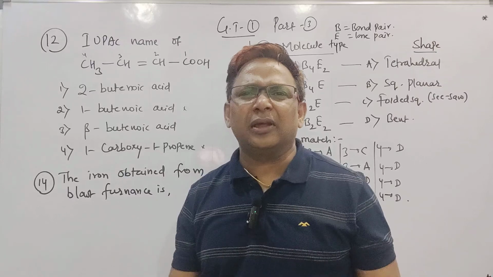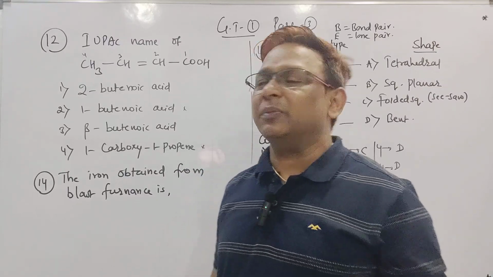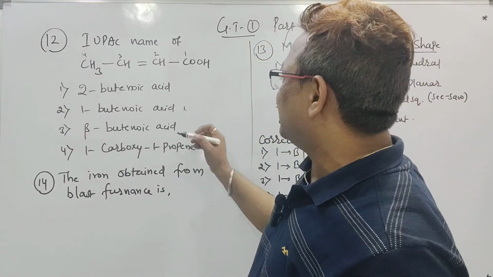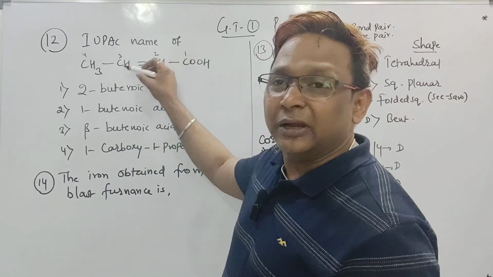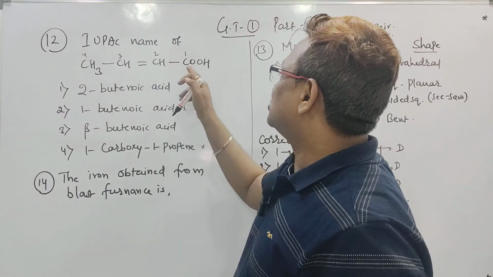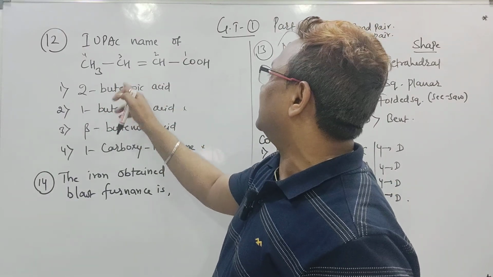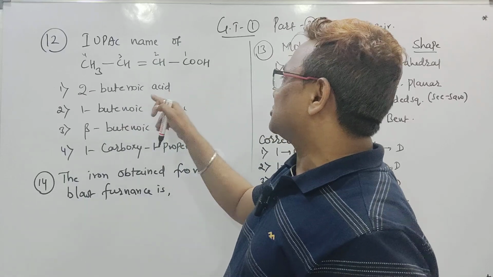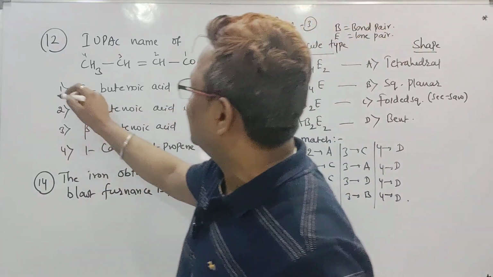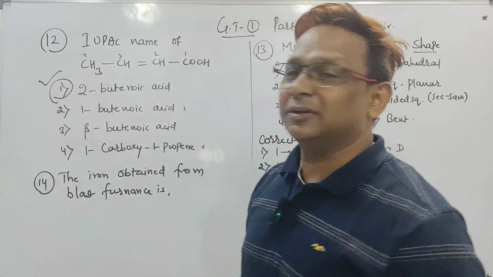Alpha, beta we are not using for IUPAC naming. So it is 2-BUT, right? Because the double bond is between 2 and 3, we write 2-ENE. So 1, 2, 3, 4: BUT, double bond between 2 and 3 means 2-EN, and carboxylic acid means obviously OIC acid. So the answer should be the first option.